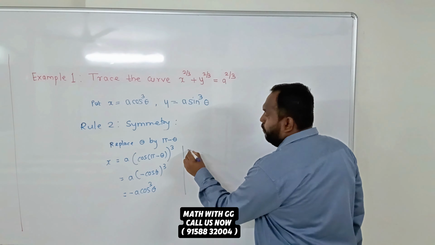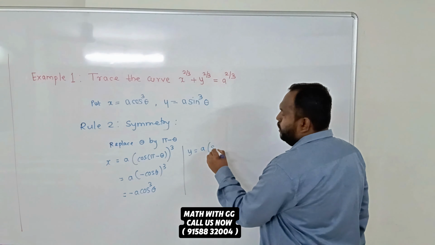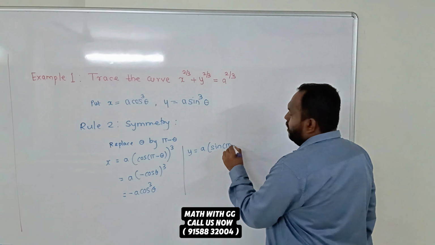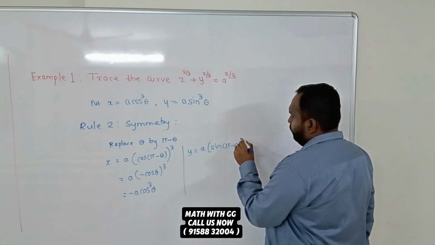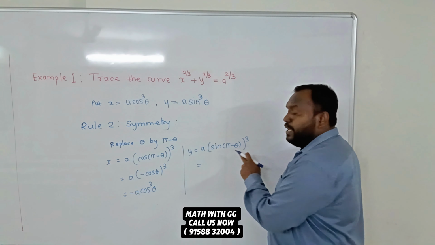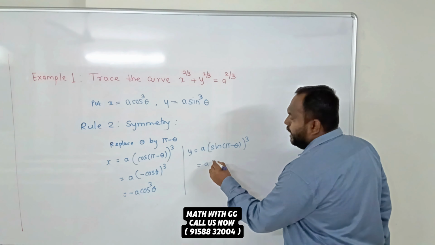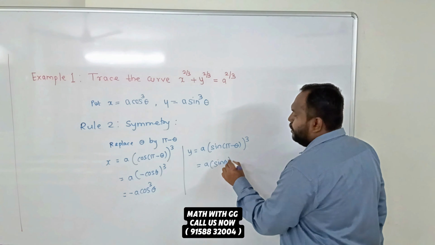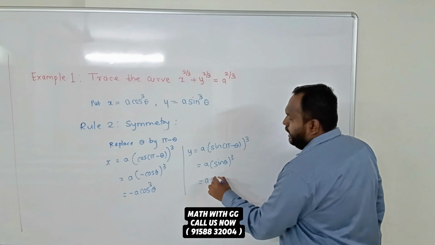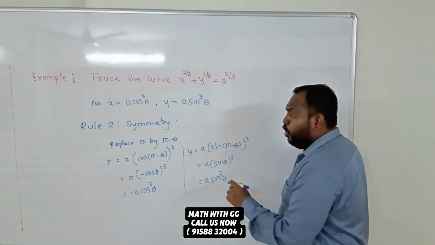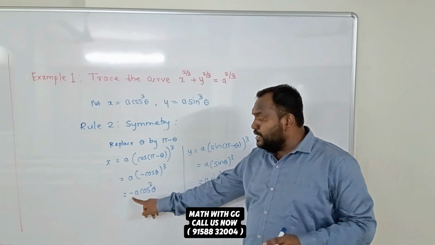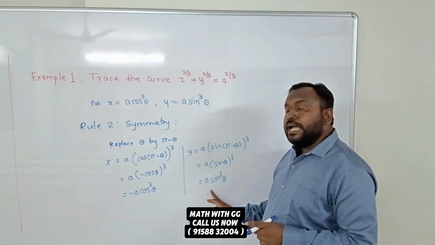And for y, a into sine of pi minus theta whole cube. Sine of pi minus theta is sine theta, so we get a sine theta whole cube, that is equal to a sine cube theta. Now, if you observe, x changes by sign and y remains unchanged.